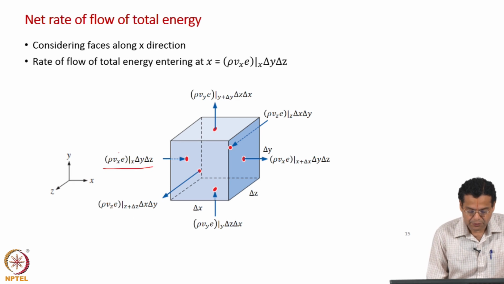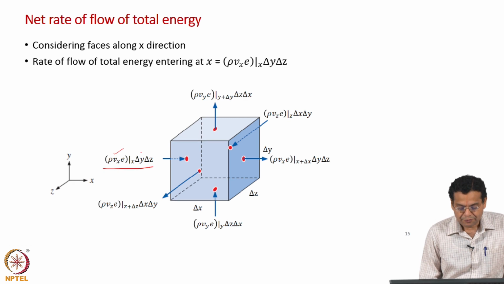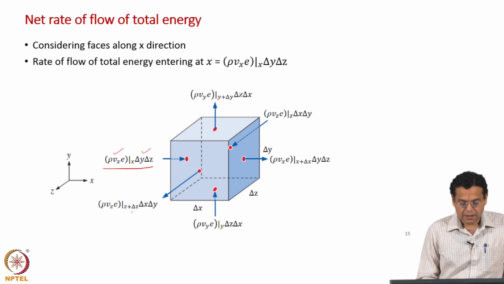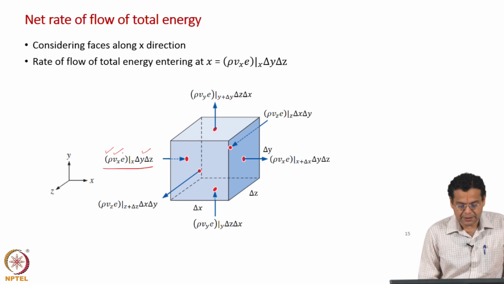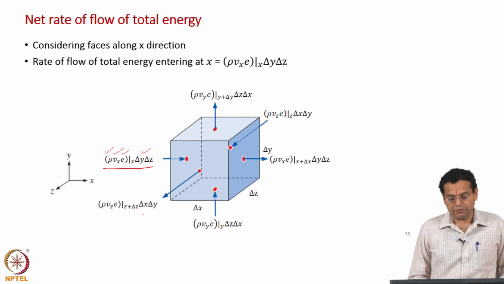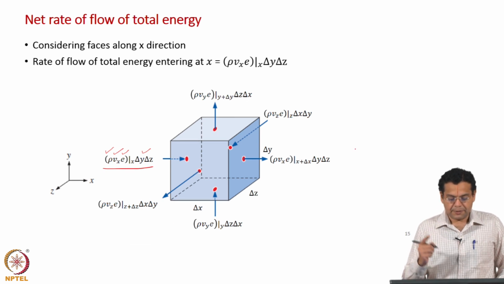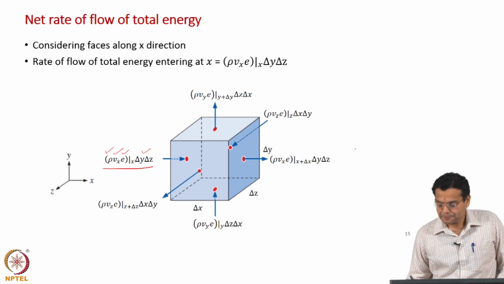First, the easier one, Vx is the velocity, we multiply by area, we get the volumetric flow rate, multiply by density, we get the mass flow rate, and then we multiply by the total energy per unit mass, then we get the rate of flow of total energy. Okay. So, velocity then multiply by area gives volumetric flow rate, by density gives mass flow rate.